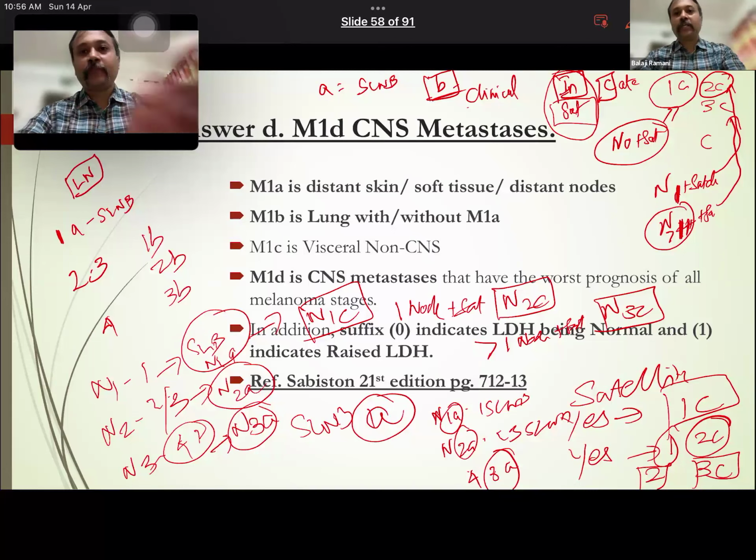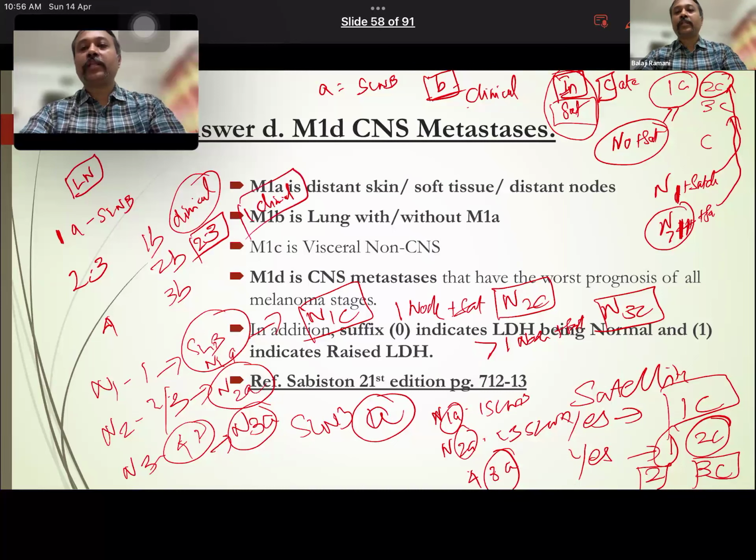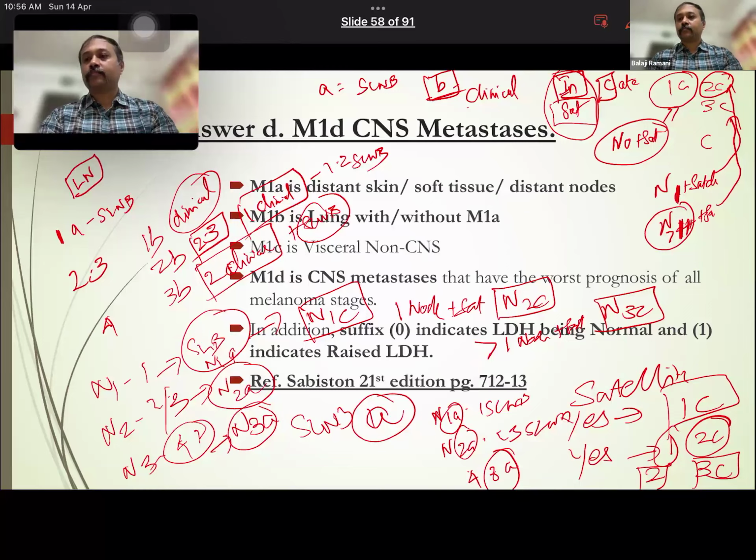So what is 1B? I said it is only one node, so this one node is a clinical node. So 2B is going to be 2 to 3 nodes. At least one has to be clinical, and the other one or two will be SLNB. And then you have 2 nodes which are clinical, and the rest plus SLNB is going to be present. So now we look at it.